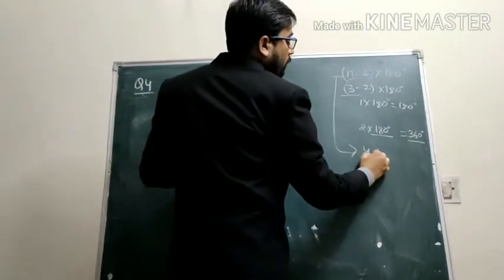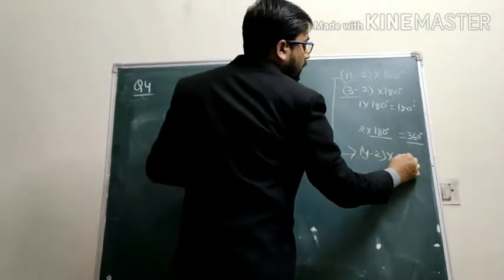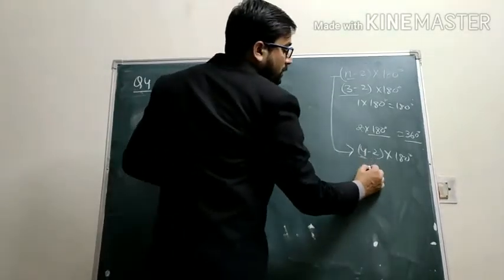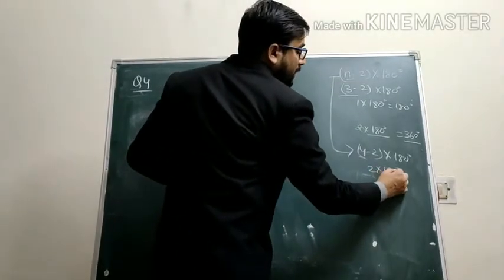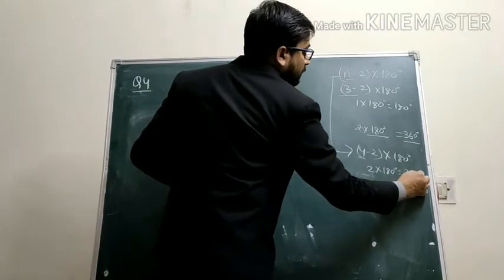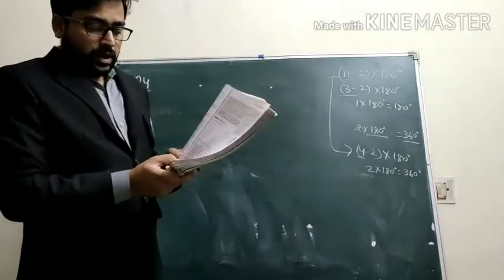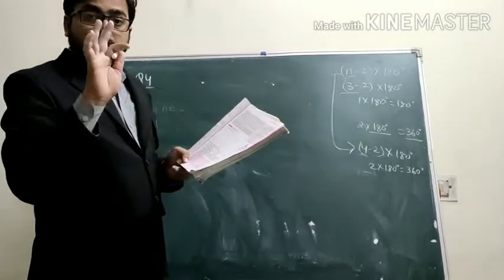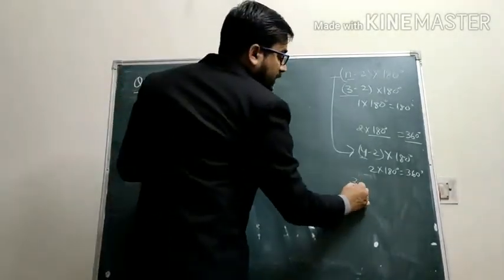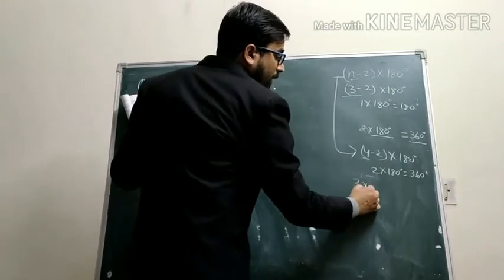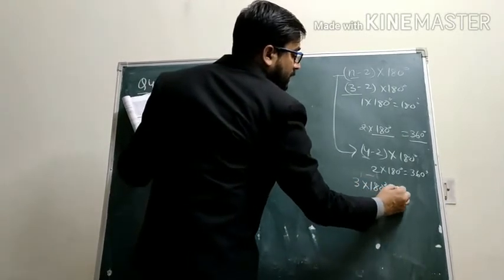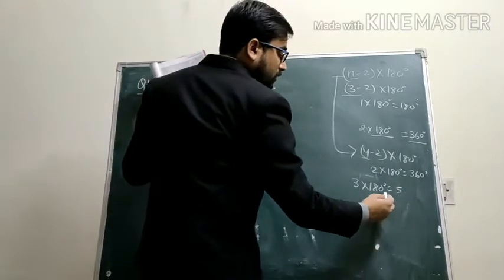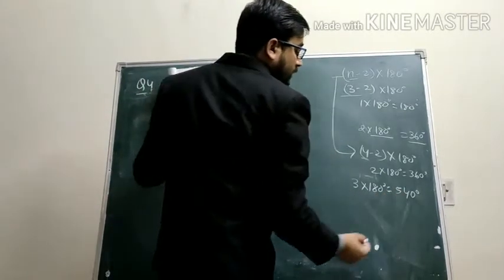This will also come from the formula. How can you find it? 4 minus 2 into 180 degrees, because the number of sides is 4. 4 minus 2 gives 2, and 2 into 180 gives 360. Now the number of sides is 5 and it is divided into 3 triangles. 3 triangles means 3 into 180 degrees, that is 540, sorry.